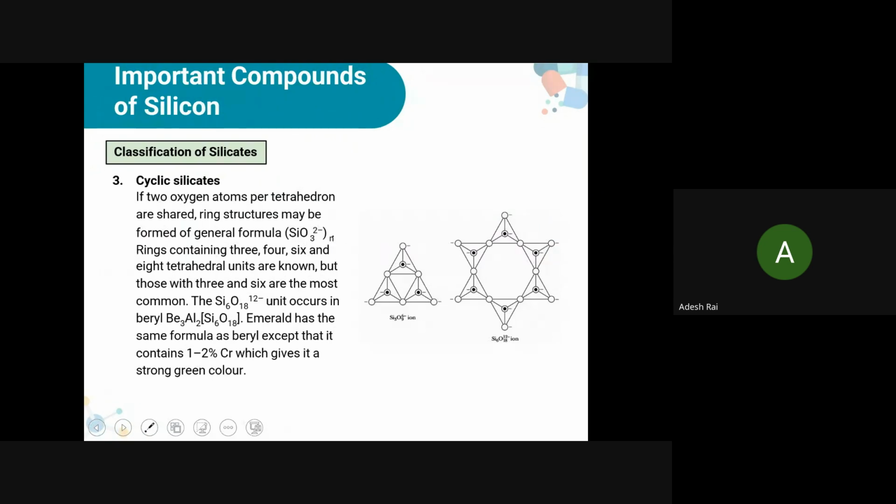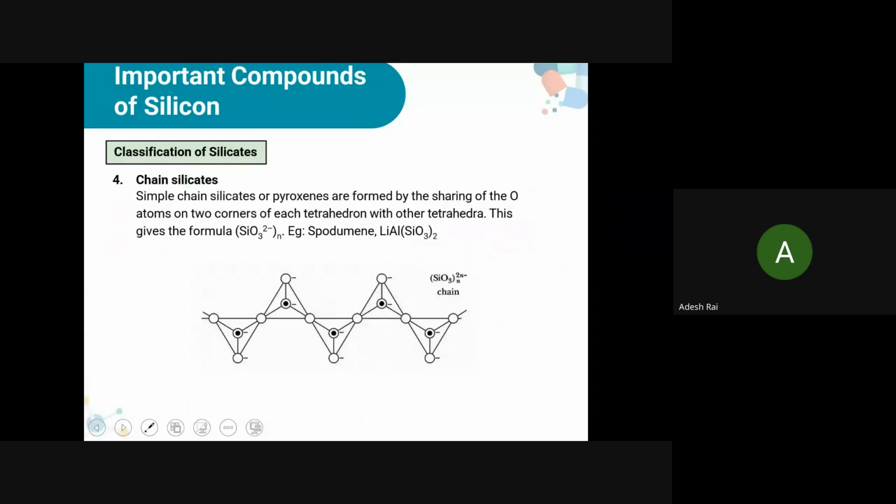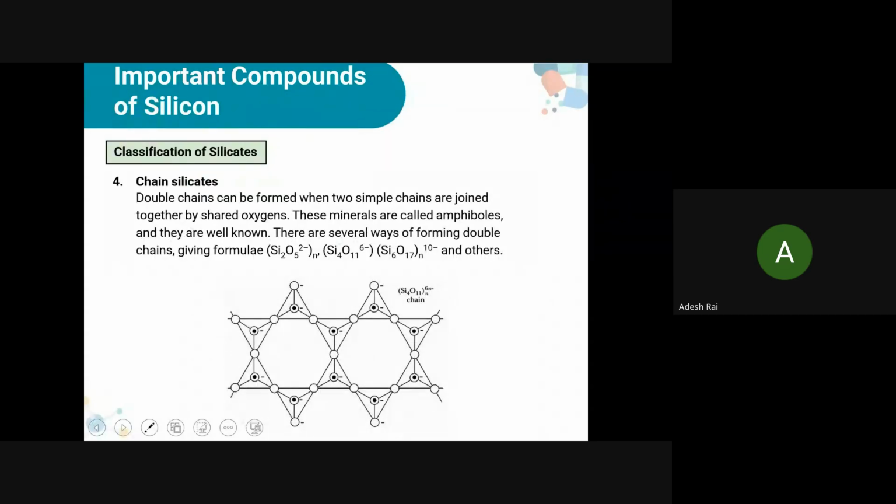The oxygen which is shared, its negative charge will be gone. Yes or no? For double chain silicate, you can have multiple things: Si2O5 2-, and the one that we have seen is Si4O11 6-.